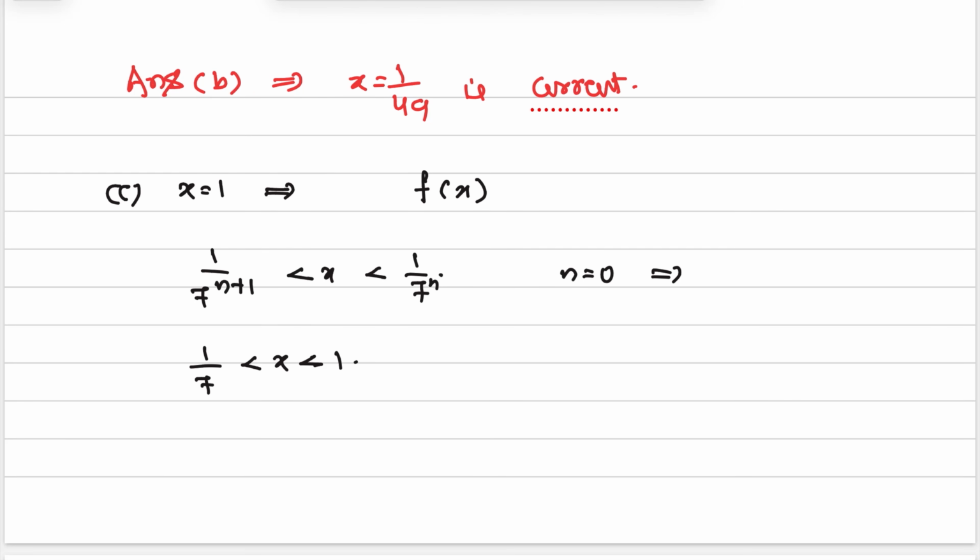Because x is less than 1 and there is no other definition available for us, like in the previous example where we can take the right hand limit and left hand limit, neighborhood, x is equal to 1 is excluded.